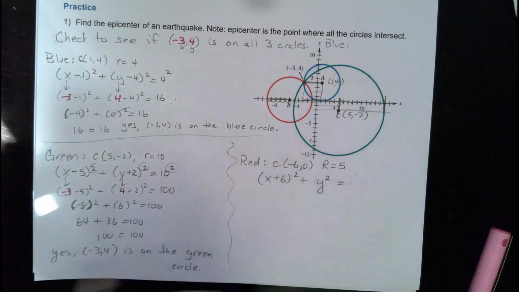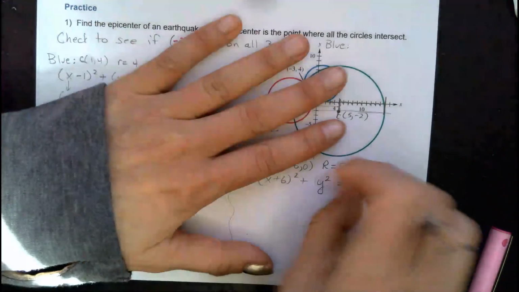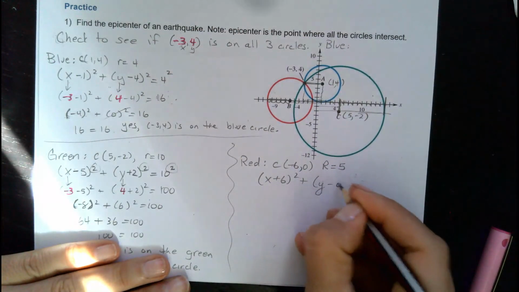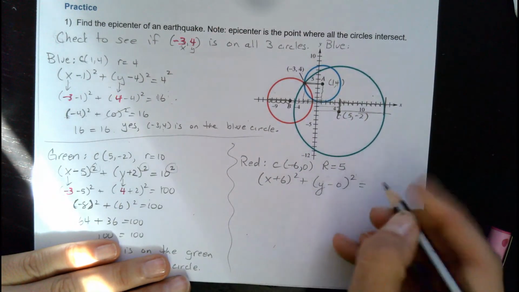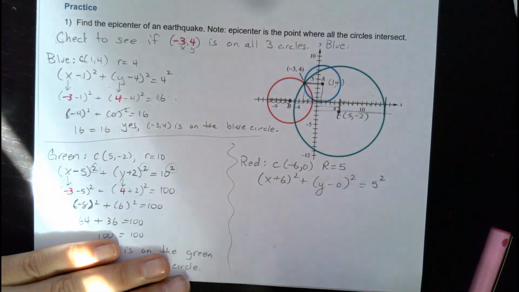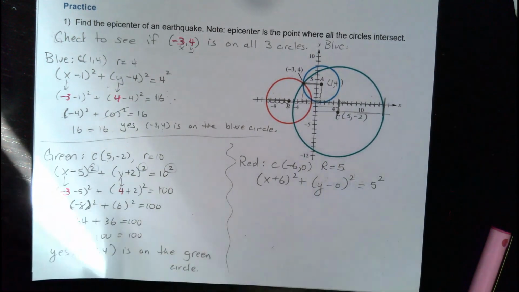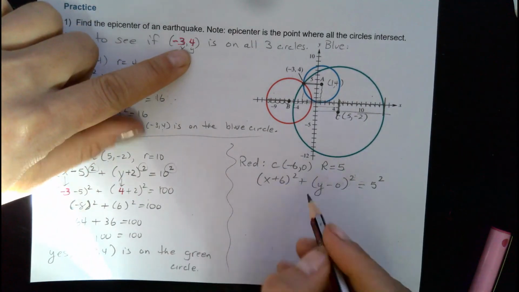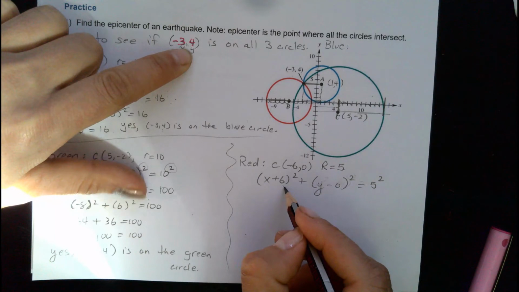Or I can keep it. Okay, it doesn't matter. So I can go y minus 0 squared, and my radius is 5. Don't forget the squared.